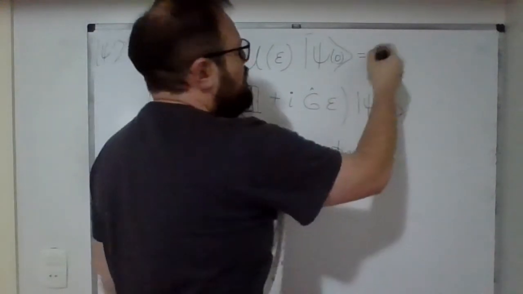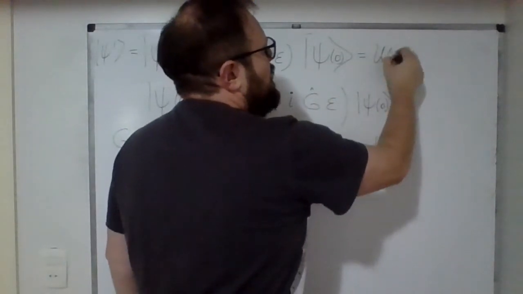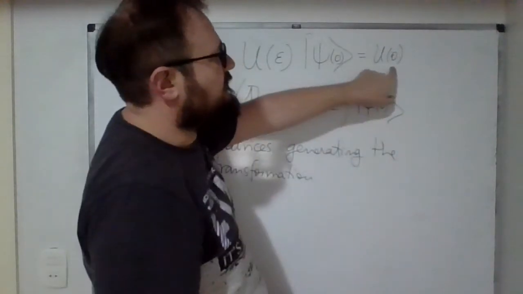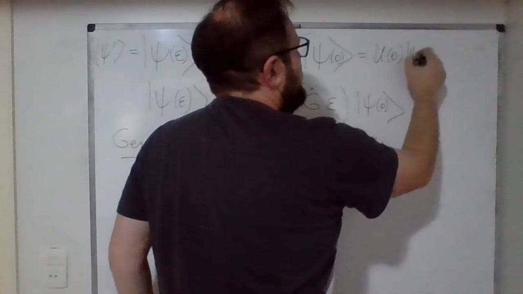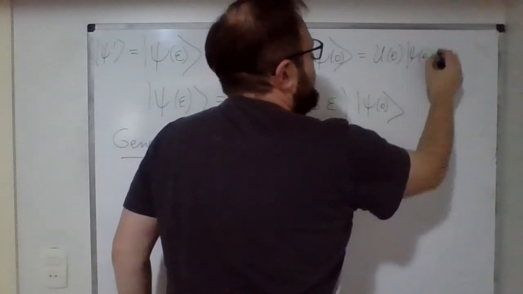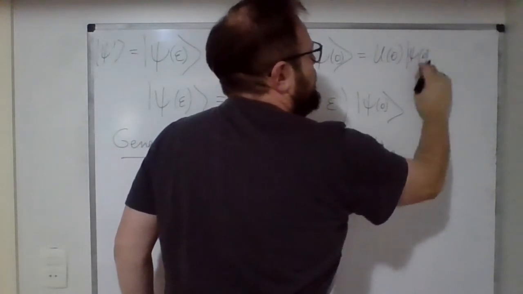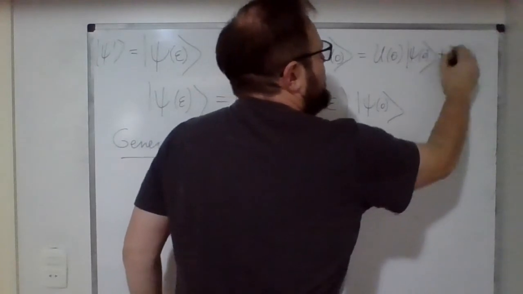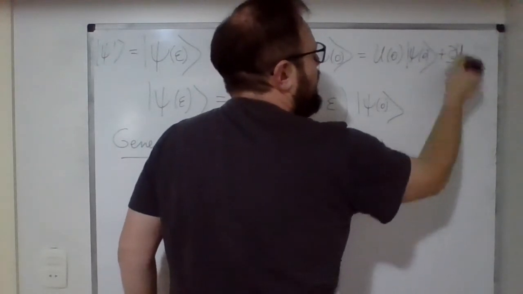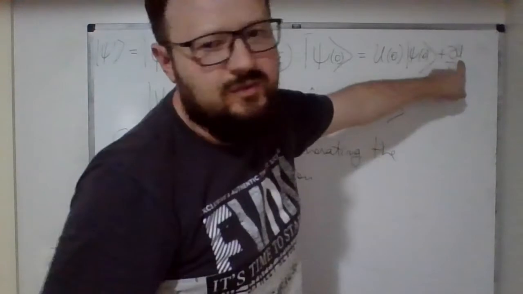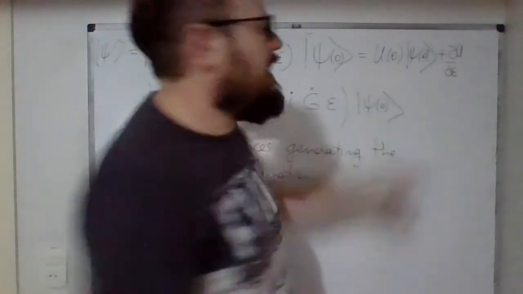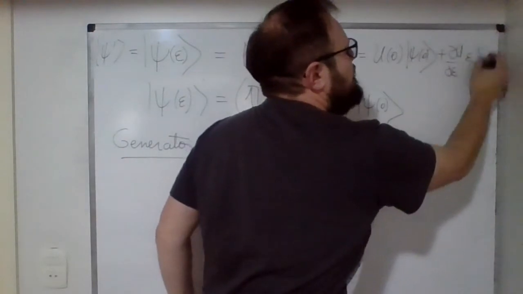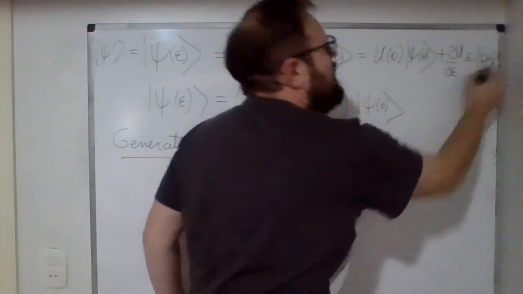So you could just write this as u of 0, no transformation, times psi of 0, which is the original object, plus the derivative of the transformation with respect to epsilon times epsilon times the original object.